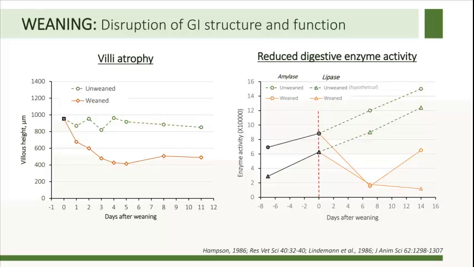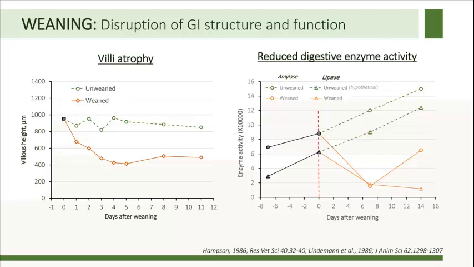After the first 24 hours, we can see a dramatic reduction in the villi size. It's a 40% reduction, and the villi are about half the size of a normal villi 5 days after weaning. This gives you an idea of the dramatic changes in the gastrointestinal structure of the gut of a pig. It tells us that the surface for absorption in the intestine is dramatically reduced.